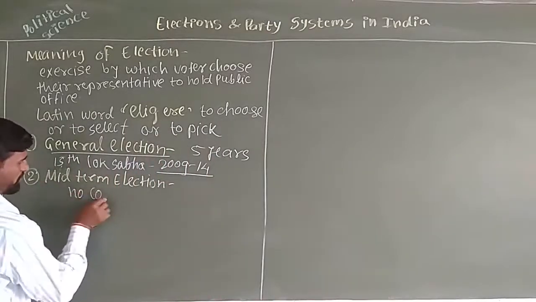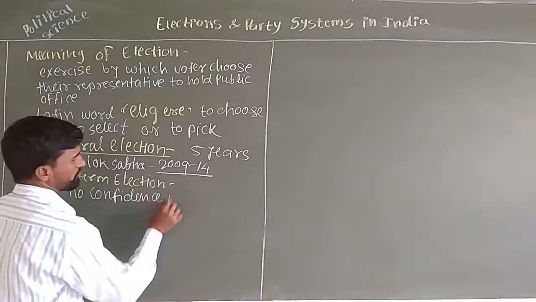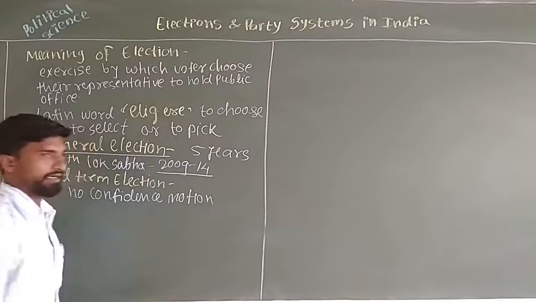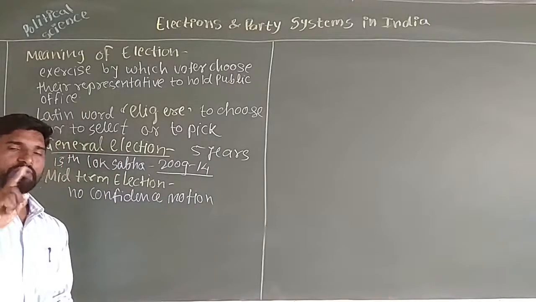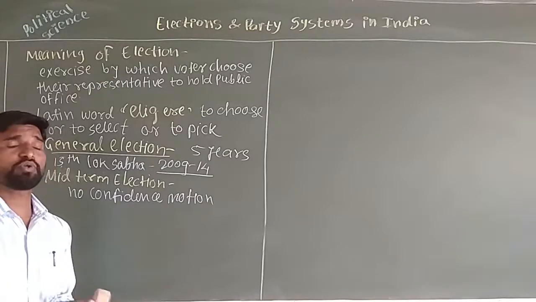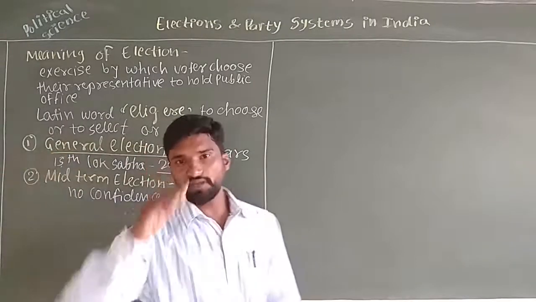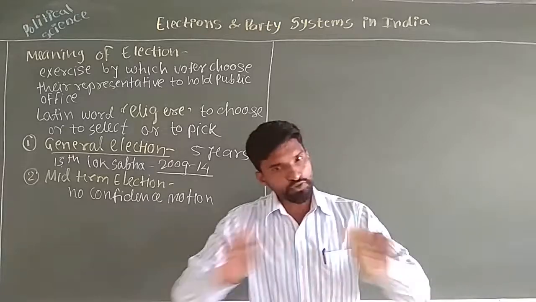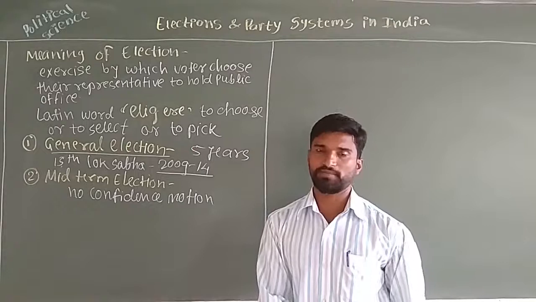The no confidence motion is moved by the opposition party, and if the ruling party is unable to win that no confidence motion, then definitely the government collapses. Even if another political party gets the chance and they also fail, then definitely midterm elections are conducted.